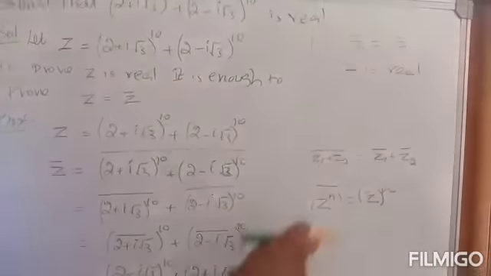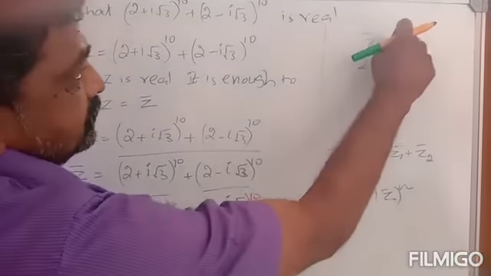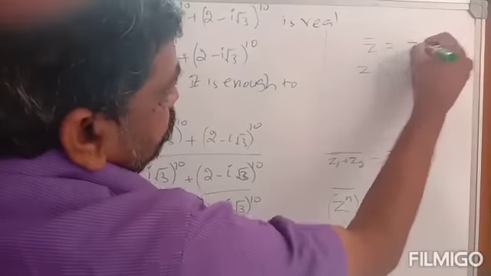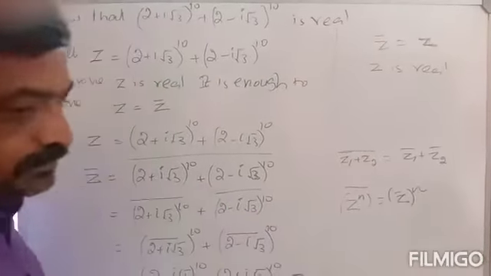That is equal to z. We proved that z bar is equal to z. Therefore z is real.